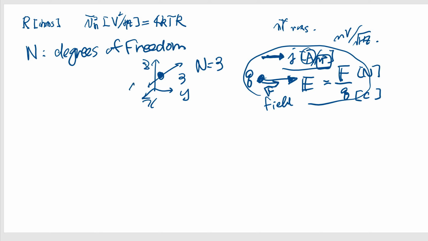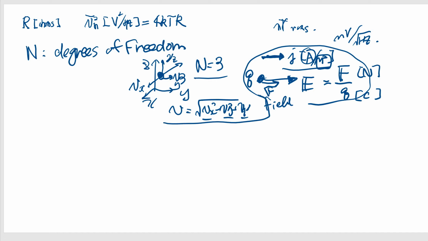So the velocity of this particle is accompanied by Vx, Vy, and Vz, and the overall velocity is Vx squared plus Vy squared plus Vz squared. Movement in one to three dimensional spaces, represented by the velocity V, is written by this equation.